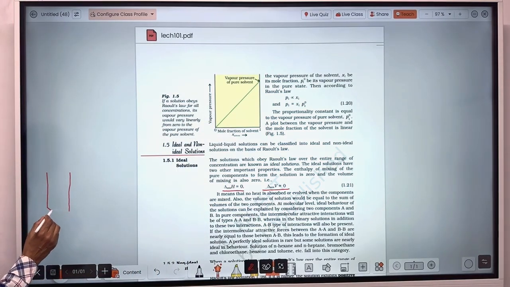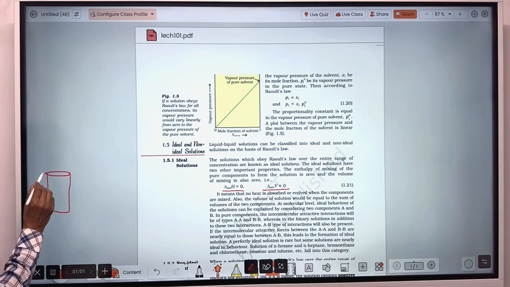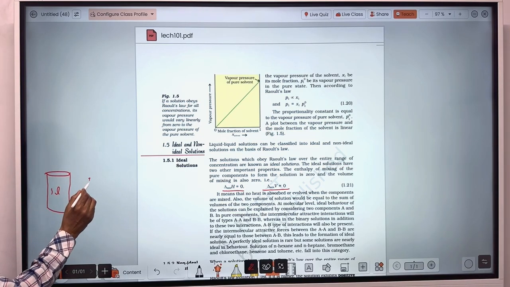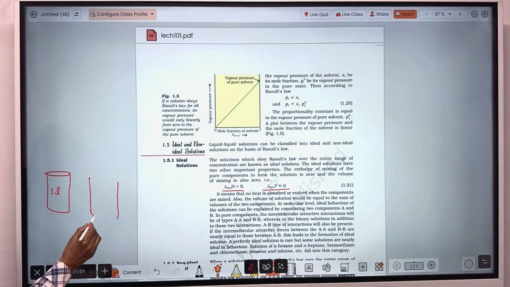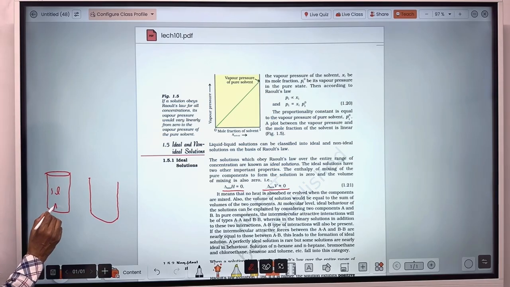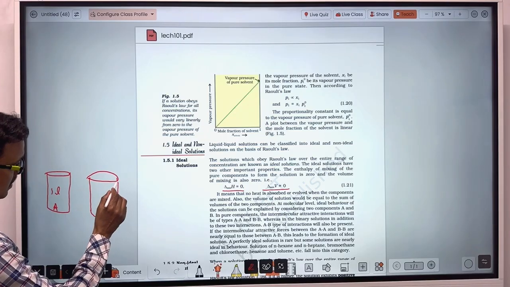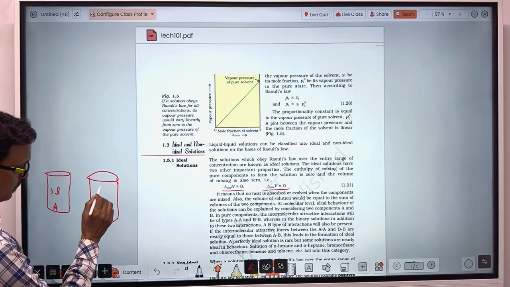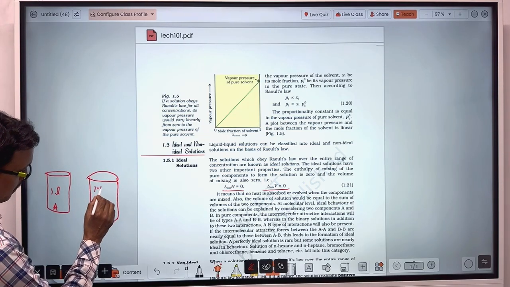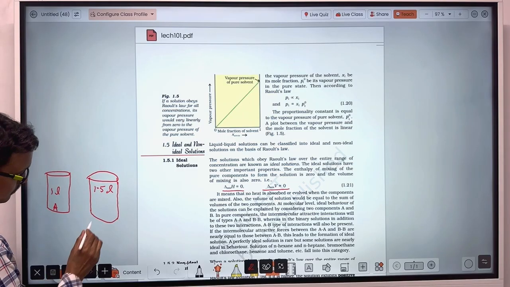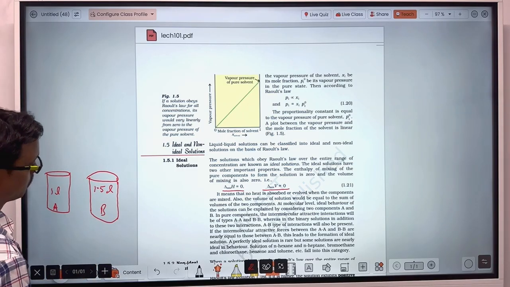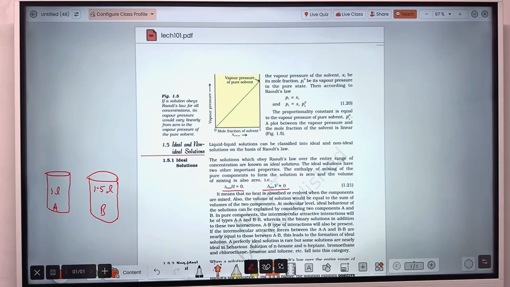There is a liquid component, liquid A, whose volume is 1 liter. And there is another liquid, liquid B, whose volume is, suppose, 1.5 liter.